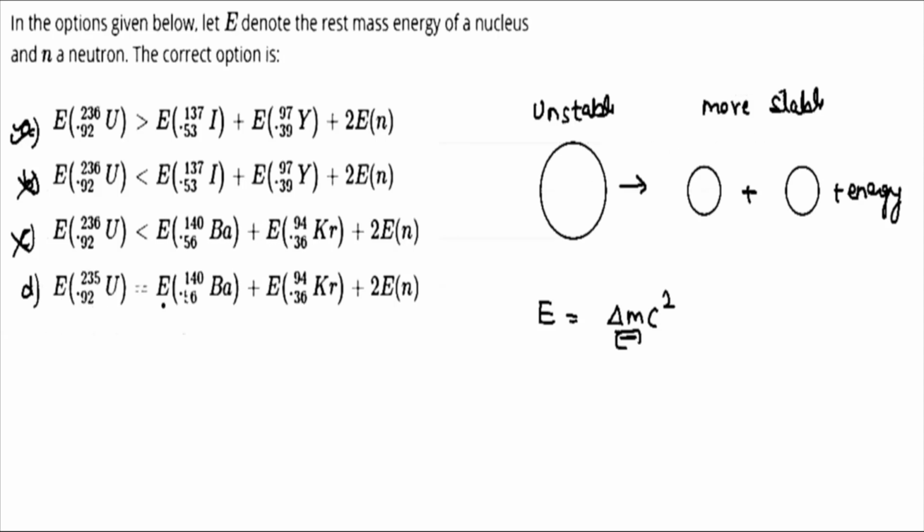In the other case, it is given that these are equal. No, it won't be equal, because some amount of energy would be released. So we cannot say it is exactly equal to the rest mass energy of barium plus krypton. So the only correct option is our A option. Hope you understood this solution. Thank you.